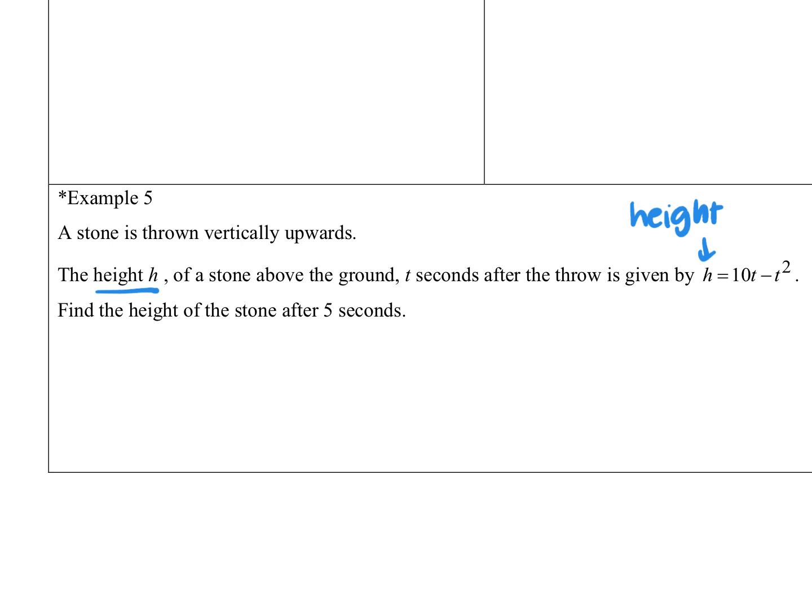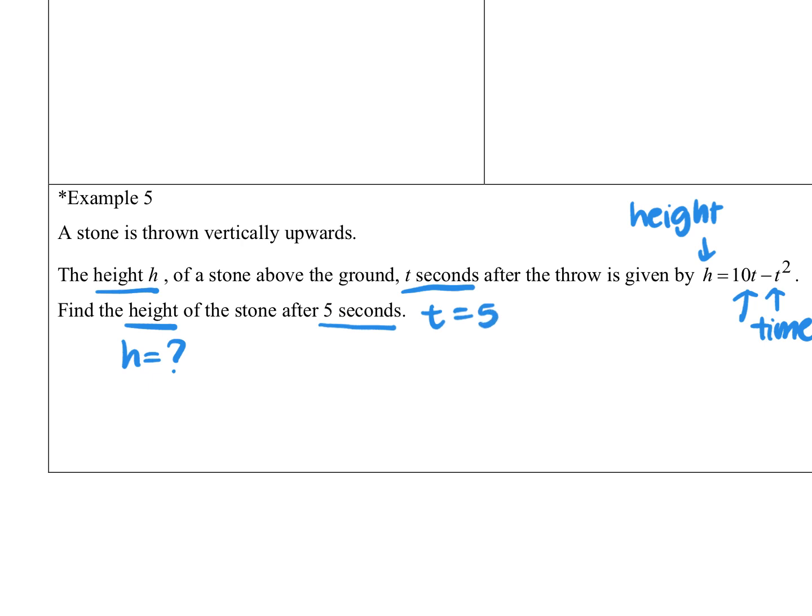So t is this timing, the time. Find the height of the stone after 5 seconds. So they want you to find the height. Height equals to what value after 5 seconds? What's the number 5 for? 5 seconds means it's actually t. t is equals to the number 5.